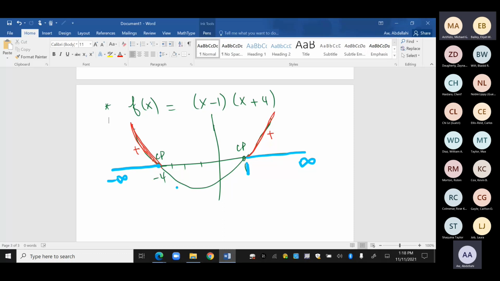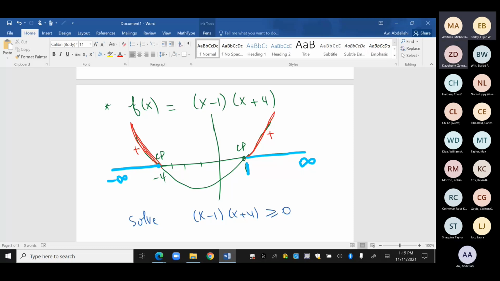Now, if somebody asks you to solve x minus 1 times x plus 4 greater than or equal to 0, do you see the solution to this inequality on the graph? What is the solution?